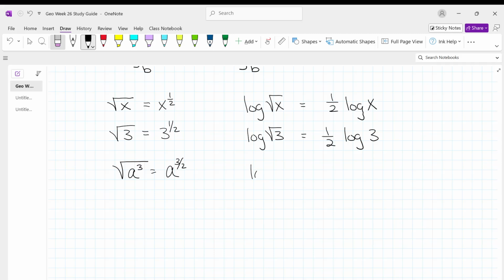So if you're given log square root a to the third, written in expanded form, 3 over 2 log a.